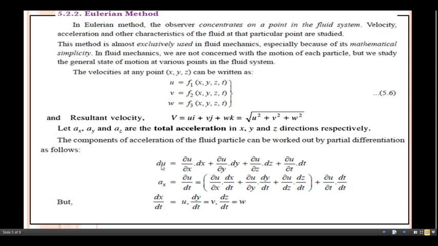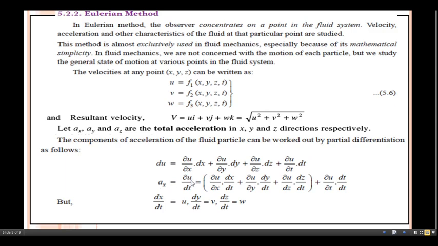So in this way, du is nothing but ∂u/∂x into dx plus ∂u/∂y into dy plus ∂u/∂z into dz plus ∂u/∂t into dt. So how can we get the acceleration from this? A simple way: the rate of change of velocity with respect to time is nothing but the acceleration. We are considering the x direction, that's why u is considered.